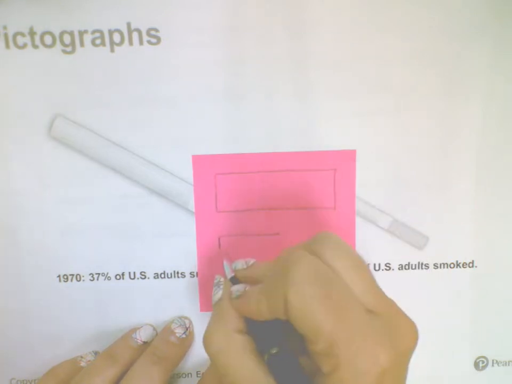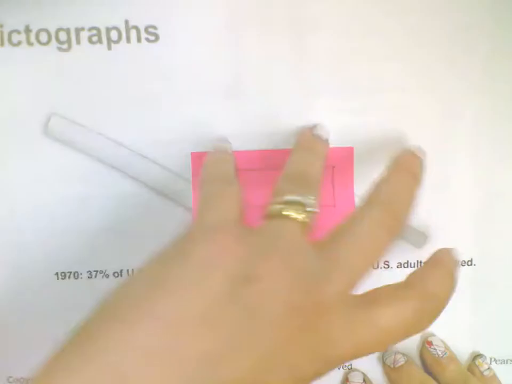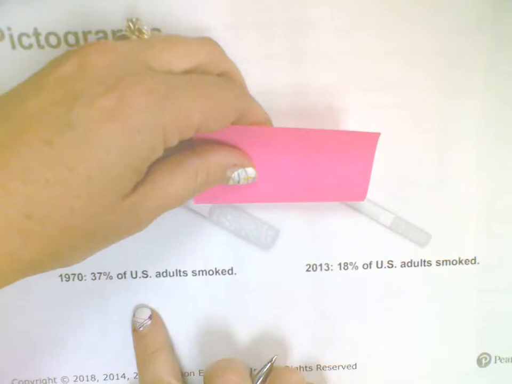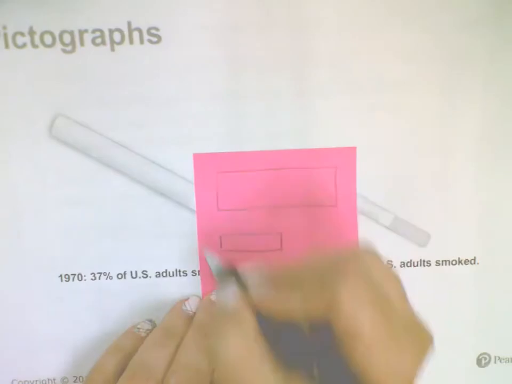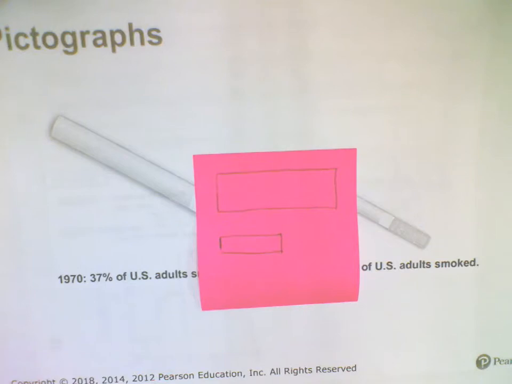What ends up happening is that if you read the actual statistic, you can see, oh yeah, half as much-ish. But when you actually look at the picture, most people, when you're looking at something that has two dimensions, automatically think about the size in terms of area.